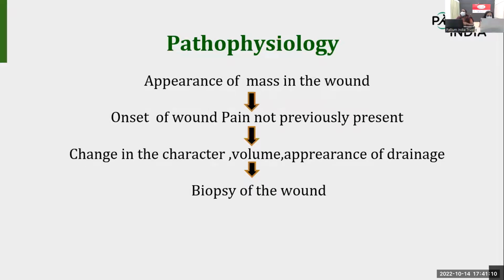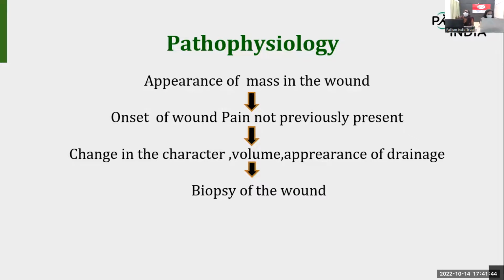The pathophysiology is a little bit different. There is appearance of a mass in the wound, not previously present, like granulation tissue. There is onset of pain not previously present. When you touch that part, the patient will say, I'm having pain. There is also a change in the character, volume, appearance, or drainage. The patient says a lot of oozing has been coming out for the last 2 to 3 days.